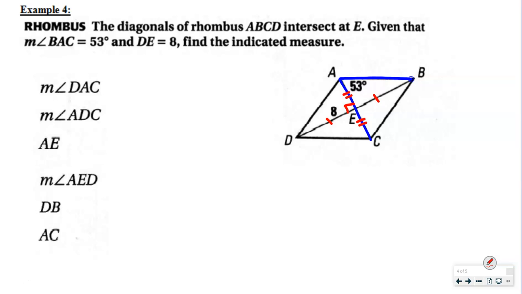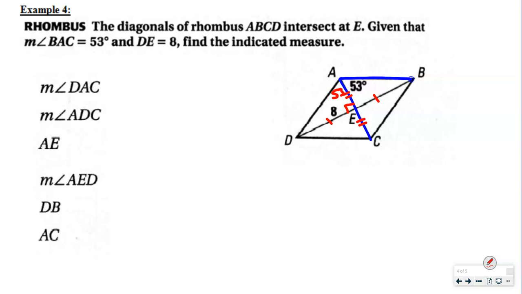These are congruent to one another. I know that the diagonals bisect angles, so if angle BAC is 53, then the other angle there has to also be 53.